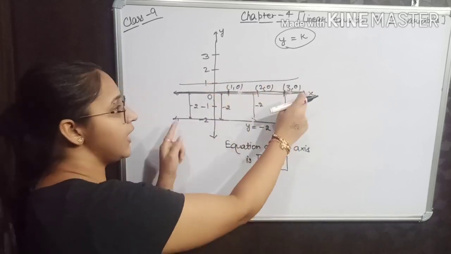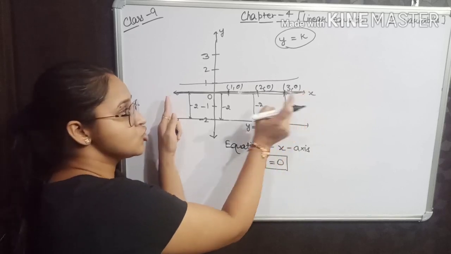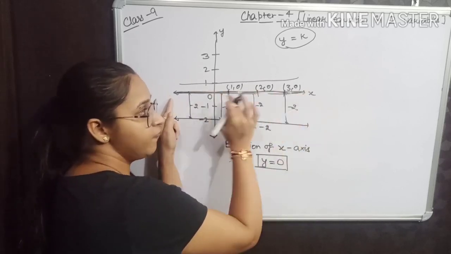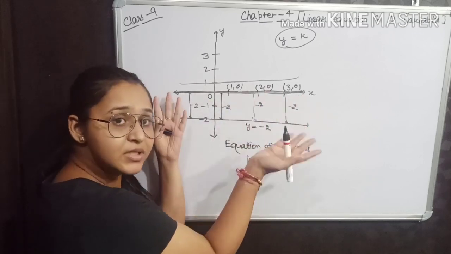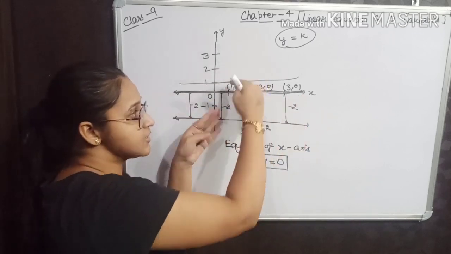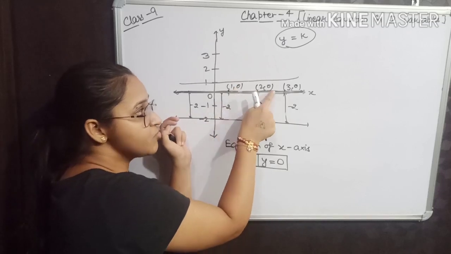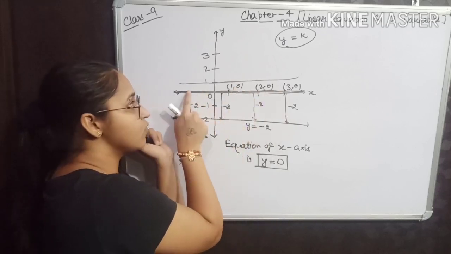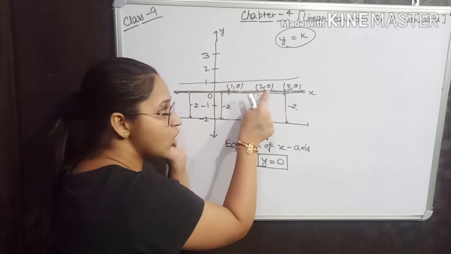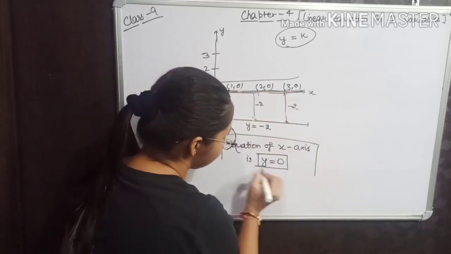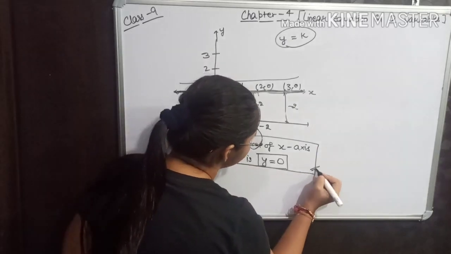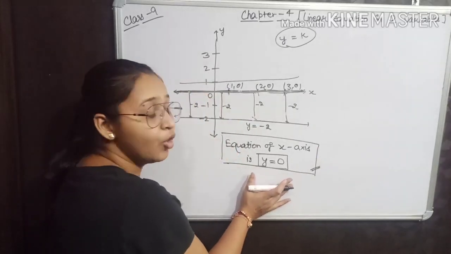But from the x-axis to the x-axis, the distance will be 0. There will be no distance. Only the x coordinate is varying, 1, 2, 3, and -1, -2, -3, but y is always 0. So the equation of the x-axis is y = 0. This is important.